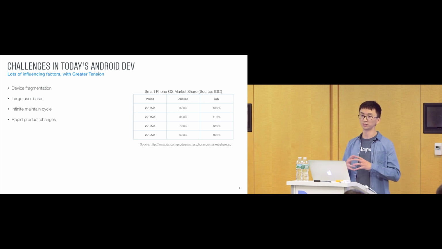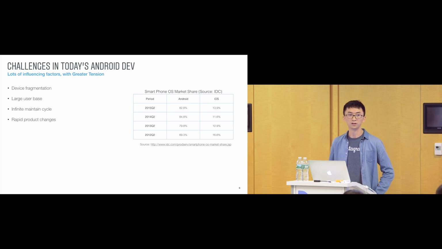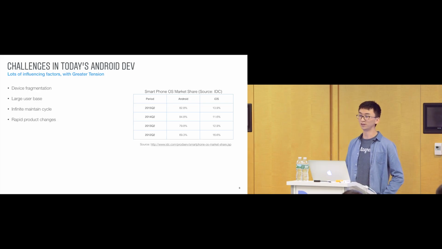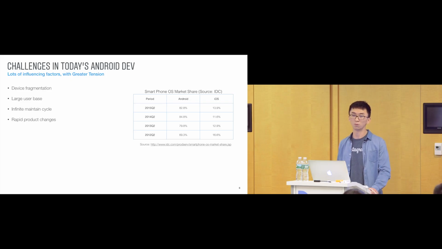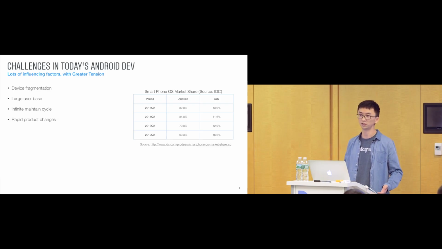All those combinations, as a developer, we have to factor into our consideration. Also, because Android has a large user base, those more than 1 billion Android users are in different places in the world and have different network connectivity. The network speed could be fast, could be slow, and you have to consider that as well.